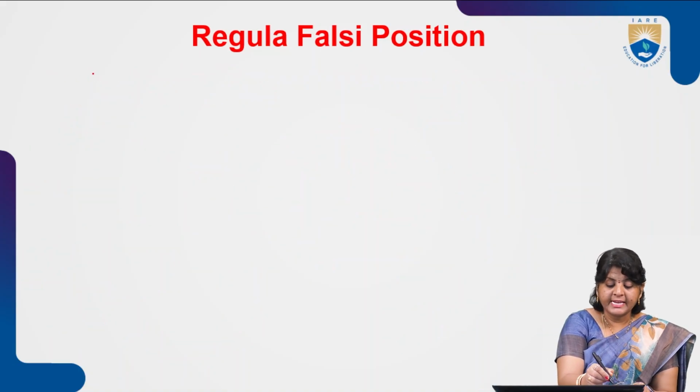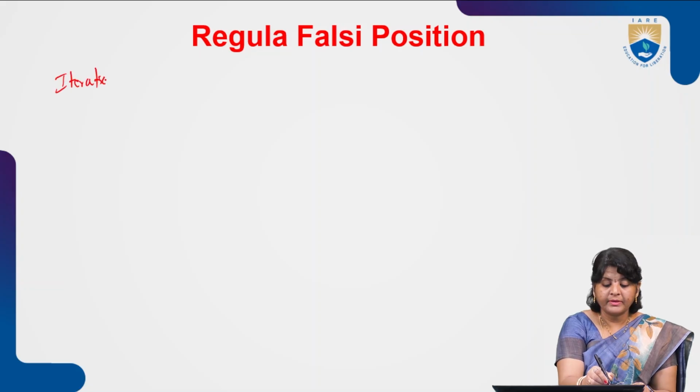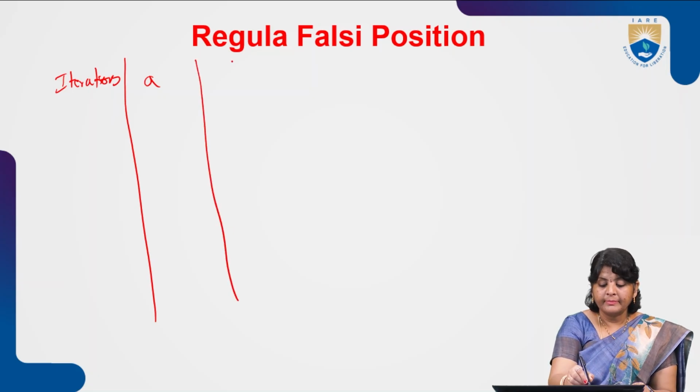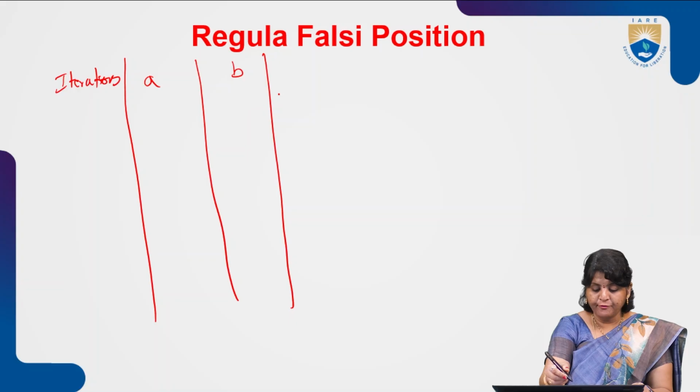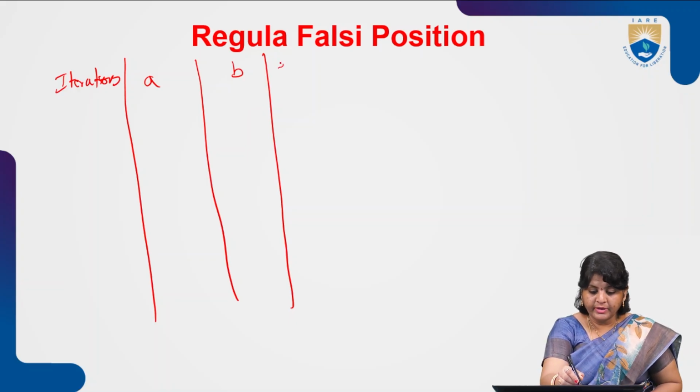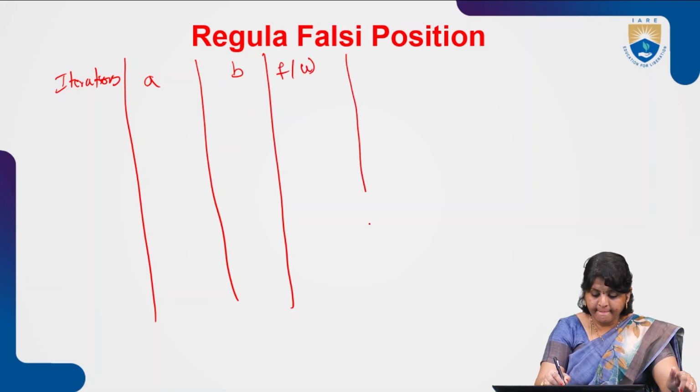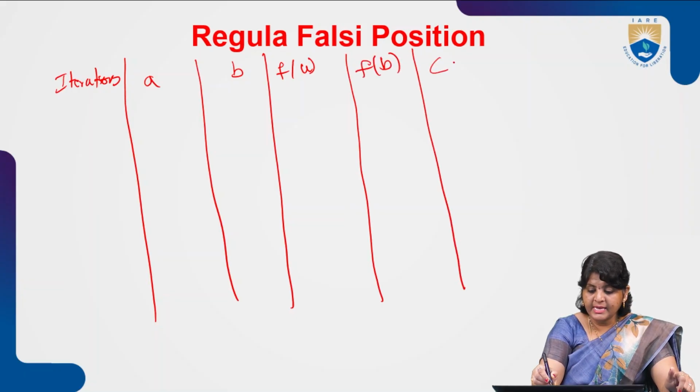So let us take a table here. Iterations, a value, b value, and f of a, f of b, not required. If we want, we can consider also f of a, f of b, c, and then f of c.